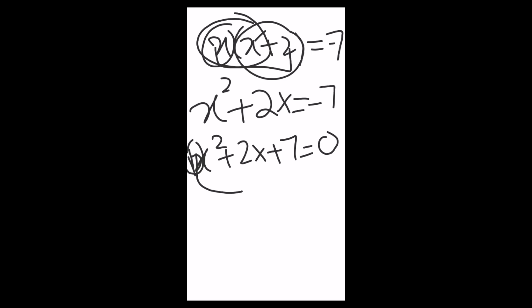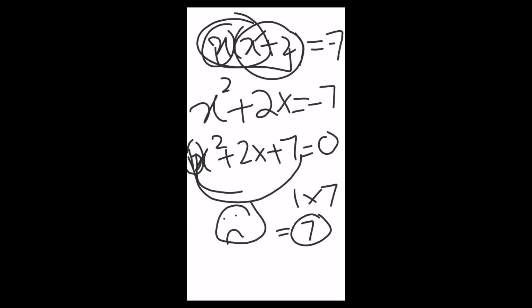If 1 gets multiplied with 7, it comes to 7, and there is no multiple of 2 which gets 7. So it is very clear that there is no way with fractions to get these kinds of factors.